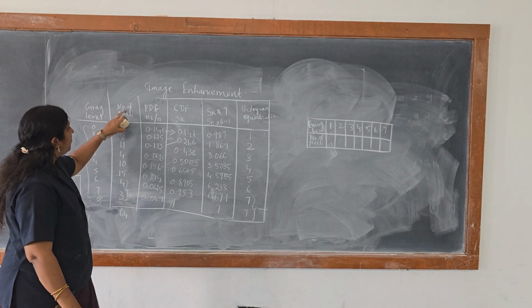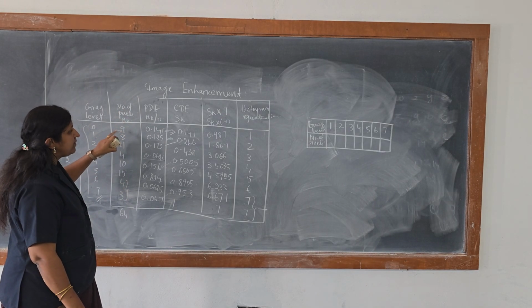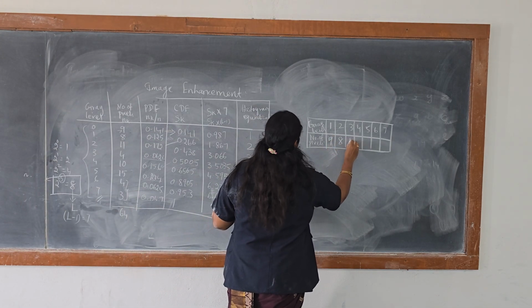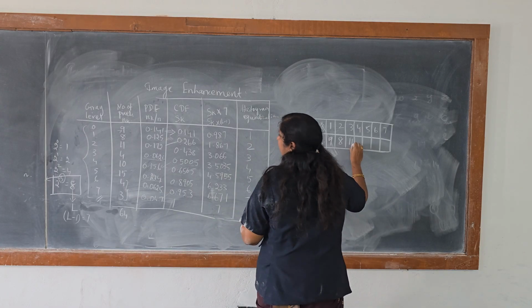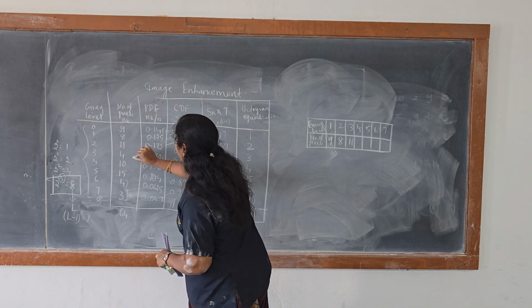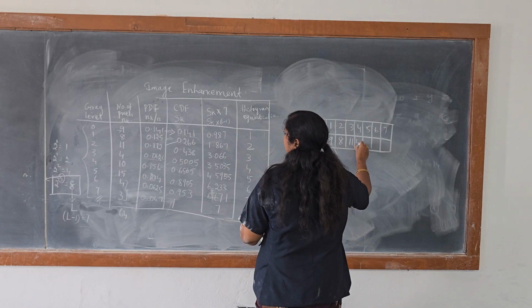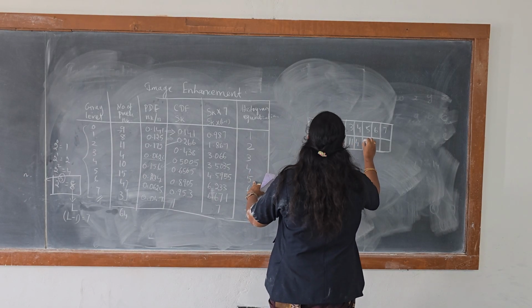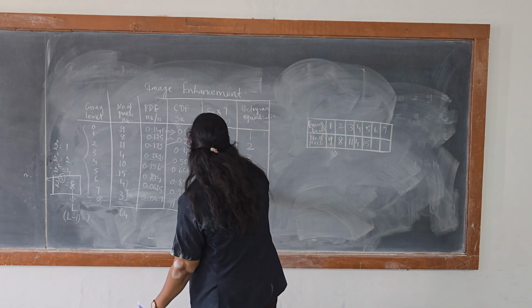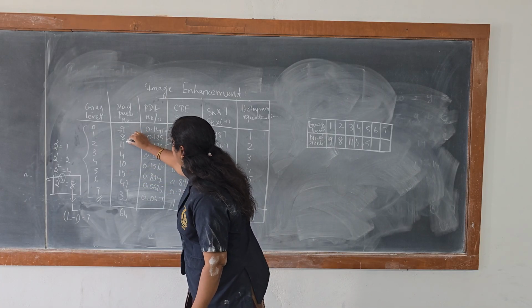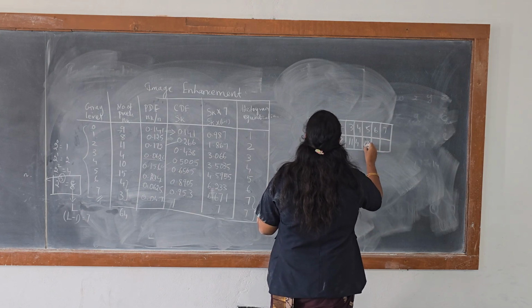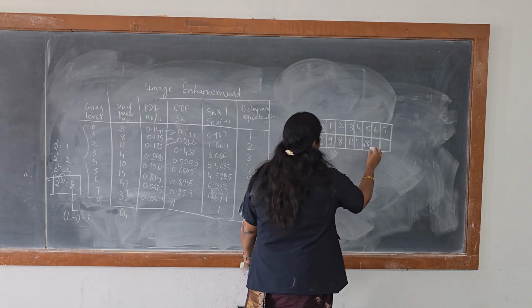And the number of pixels, that is nk, is for 1 it is 9, for 2 it is 8, for 3 it is 11, for 4 it is 4, for 5 it is 10, and for 6 it is 15.